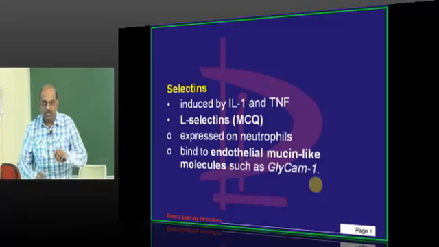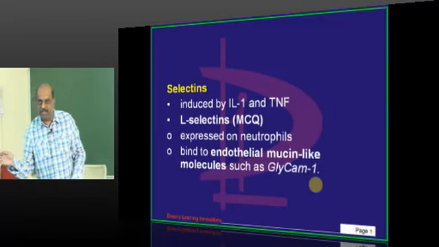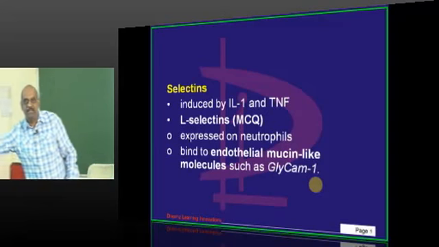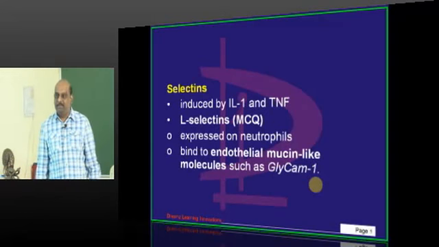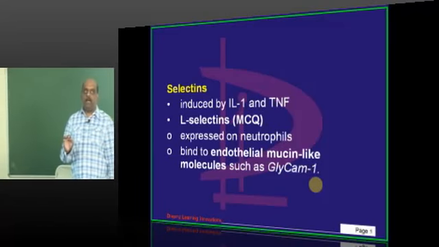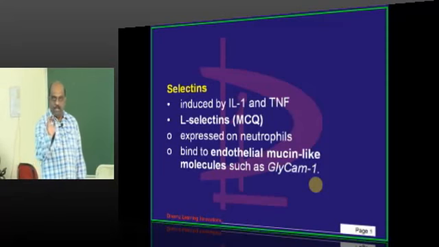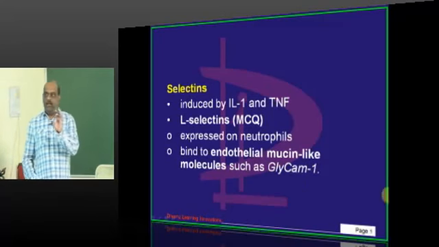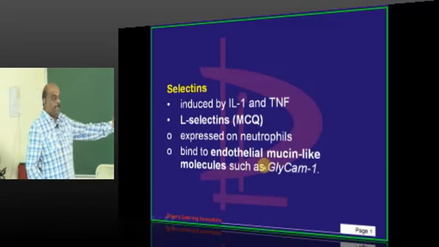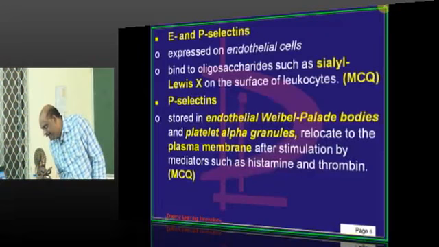Then it needs to roll. Then it needs to squeeze between the vascular endothelial cells. Then it will reach the tissue. There it will explode like a bomb. That is all acute inflammation, right? So L-selectins need to be remembered because which cell they are expressed on is one of the common questions. On the neutrophils, they bind to the endothelium's mucin-like molecule called glycam-1.